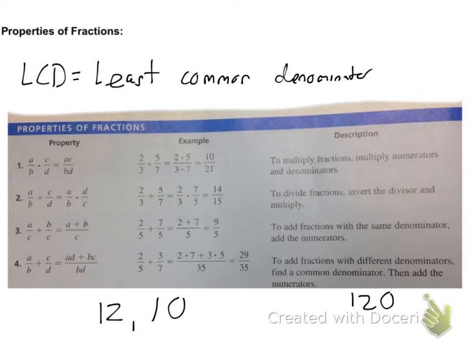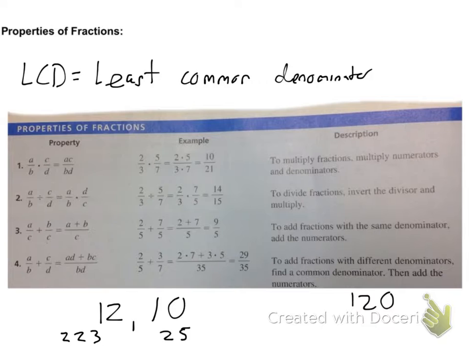That's one way to do that. Actually start to multiply it out or keep adding multiples of those numbers until you get a common number. The other way, guys, is to factor each one of those. What are the factor pairs, or the factors, actually, of 12? 2 and 6, but 6 can be broken down to 2 and 3, and 10 is 2 and 5. So they have a 2 in common, so I can grab one of them.